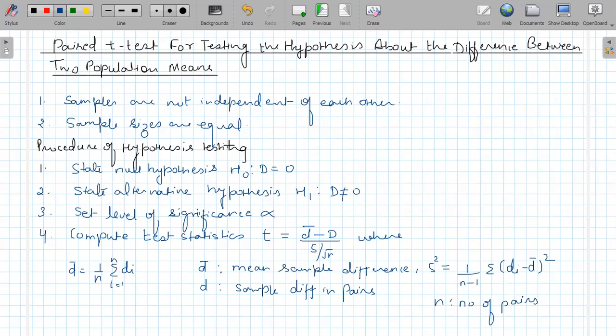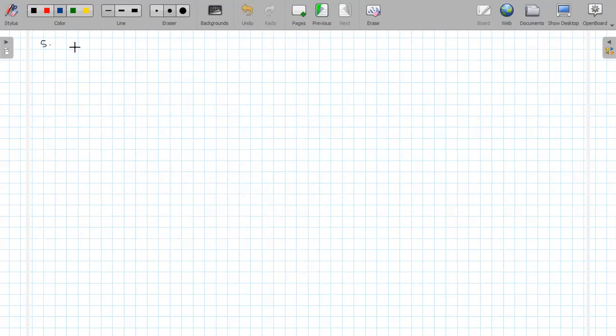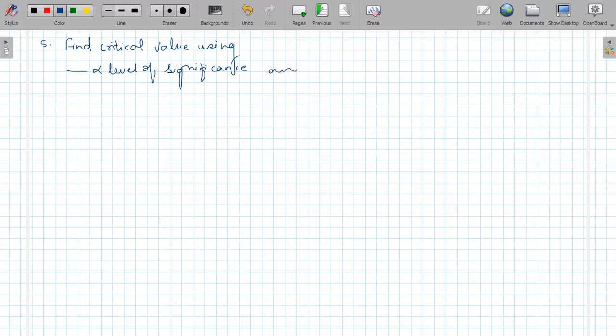Okay. Then next step is find critical value using alpha level of significance and n-1 degree of freedom.